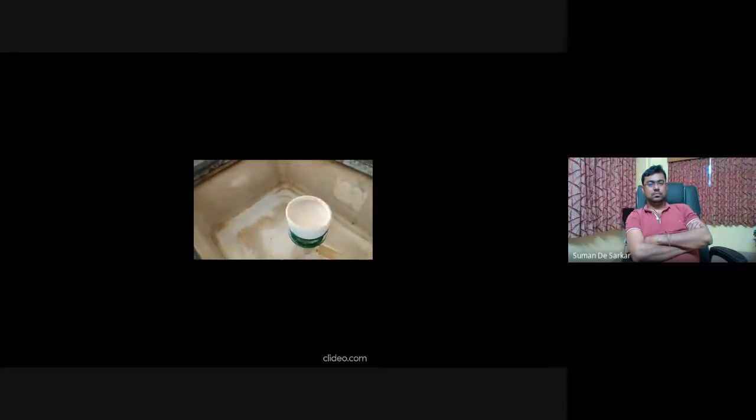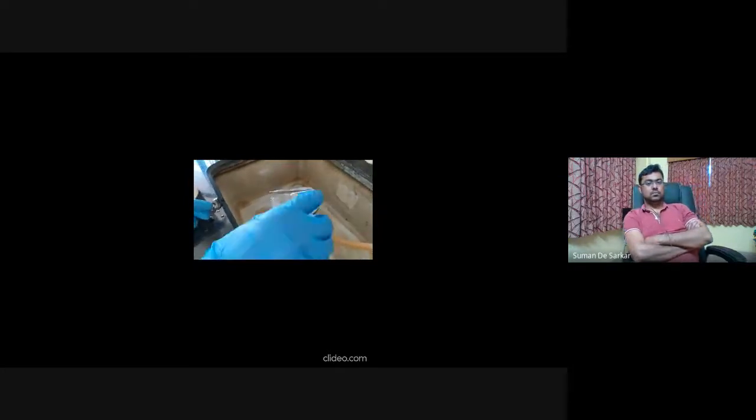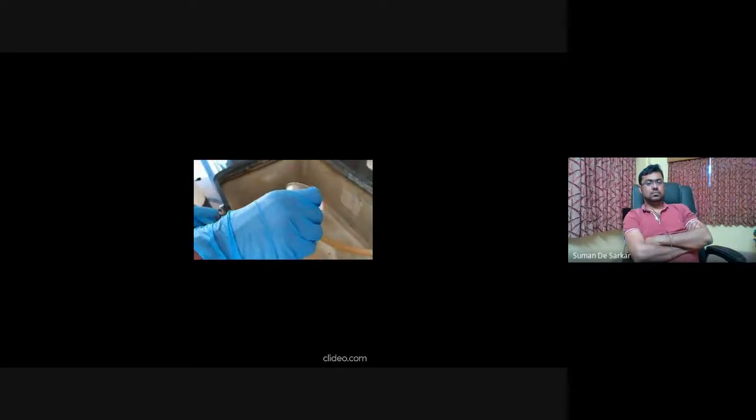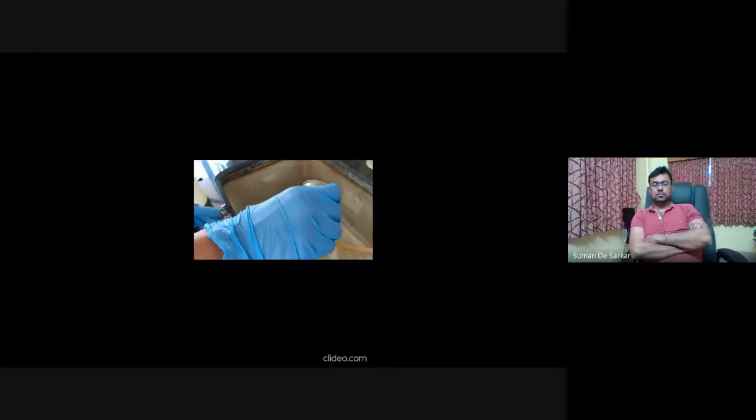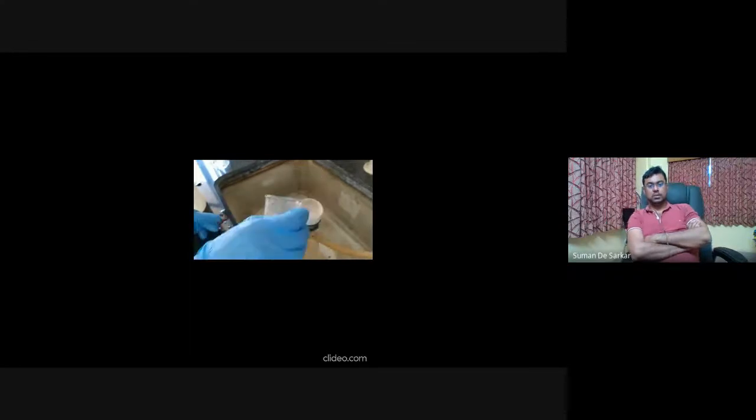So see, this is the white precipitate of binol, and we'll wash it with hot water. This washing is required to remove the iron, right?